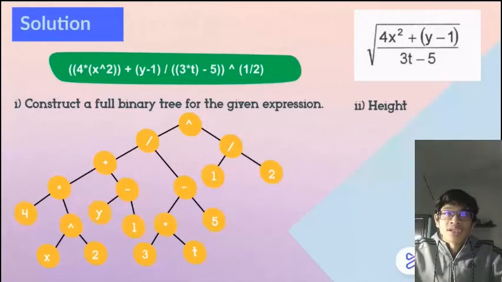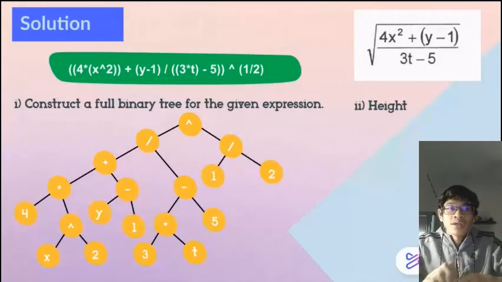From the subtraction node, it has a leaf filled with number 5 at the right side, and the left side will be a node filled with the multiplication symbol. From the multiplication node, it has 2 leaves filled with number 3 on the left side, and on the right side we will fill it with t.